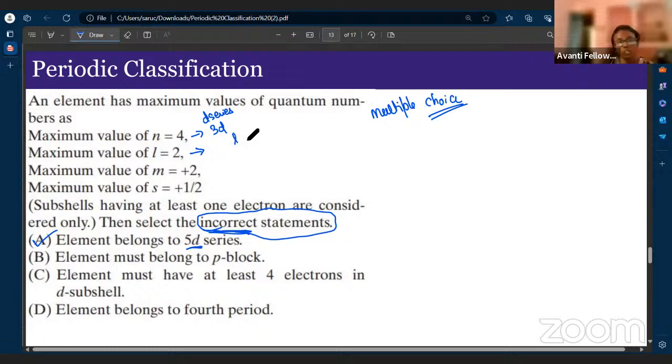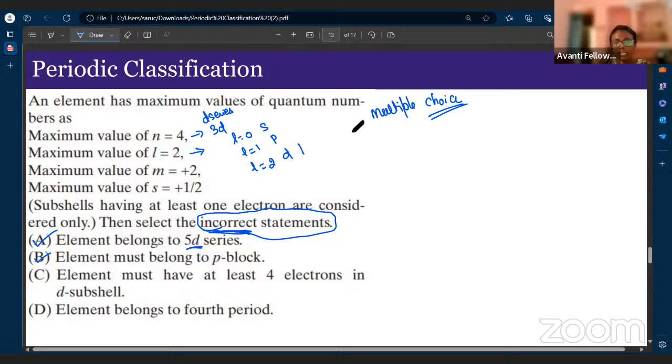If l equal to 0, it is s. l equal to 1 is p. l equal to 2 is d. But it has been given as p block, which is also incorrect. The next: an element must have at least 4 electrons in the d subshell. Is it correct or incorrect?